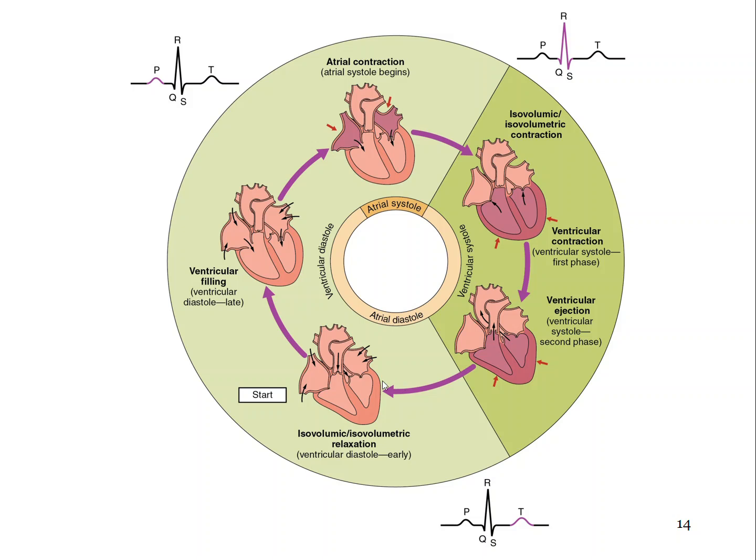And during the diastole, we have relaxation, first isovolumic or isometric relaxation, with decreasing pressure but no change in volume, and all the valves are closed. Then we have filling, again with rapid filling and slow filling. The slow filling is diastasis. At the end of the diastole, we have atrial contraction or atrial systole, in which the remaining blood inside the atrium is pumped into the ventricle.